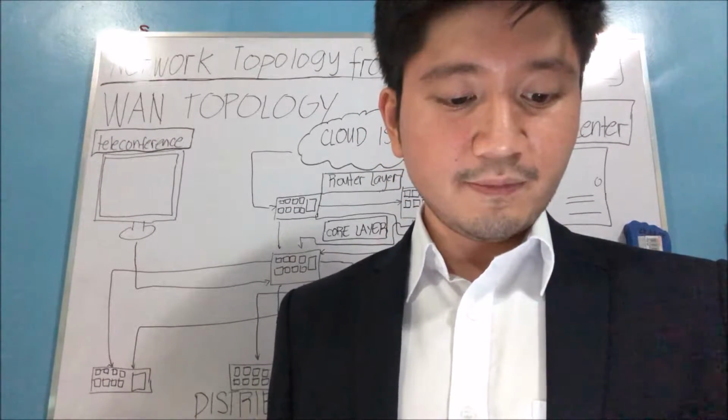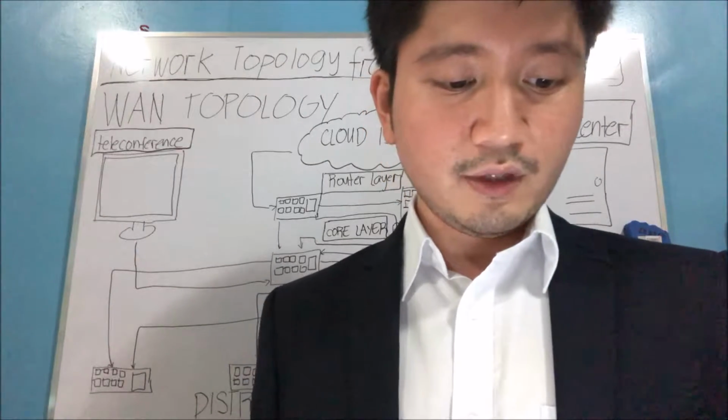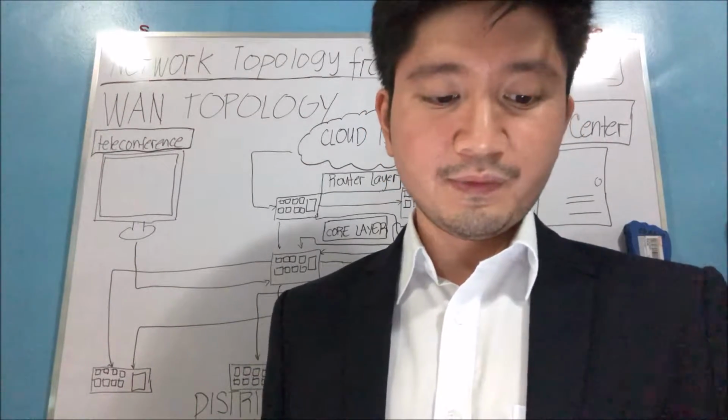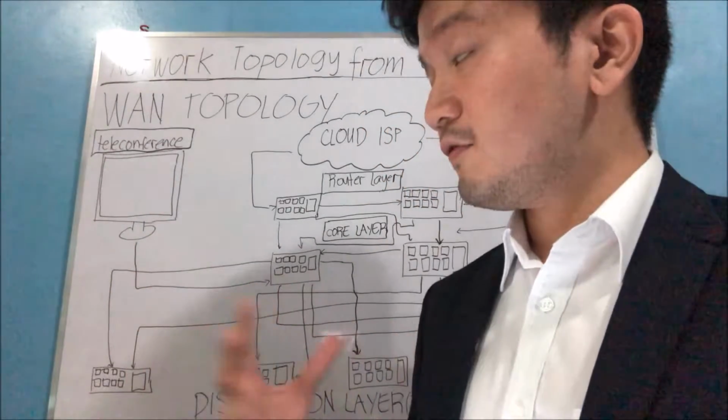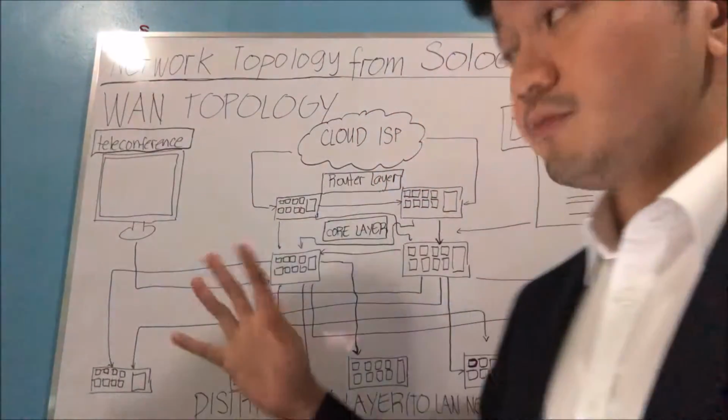So full mesh topology provides a high degree of dependability and fault tolerance, which can come at a high price tag. And this is one of our main issues here in creating a WAN topology, partnering with Cisco.